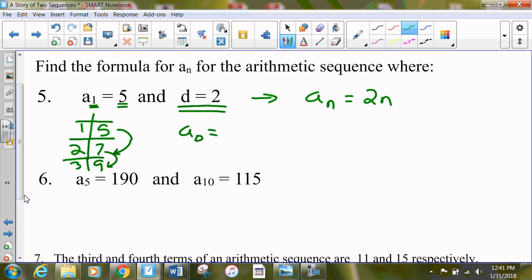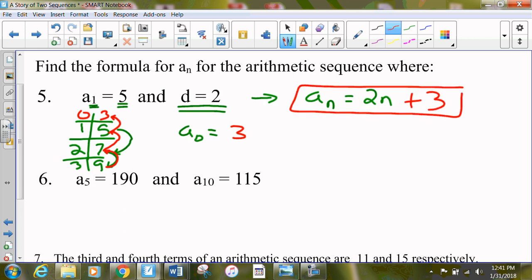If I'm moving down the table and I'm adding 2, if I move back up the table, I'm subtracting 2. And so 5 minus 2 is 3, so that means a sub 0 is 3. And that completes our definition. So this is the nth term definition that works when my first term is 5 and my D is 2.